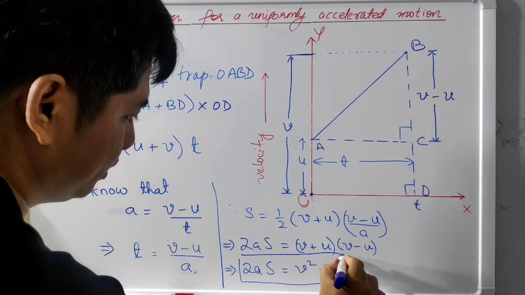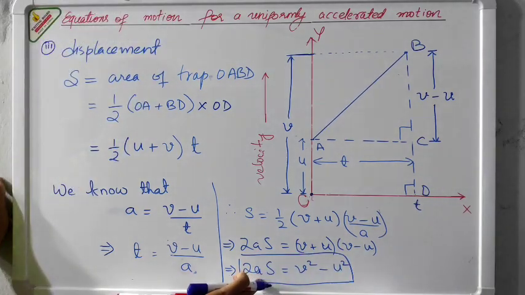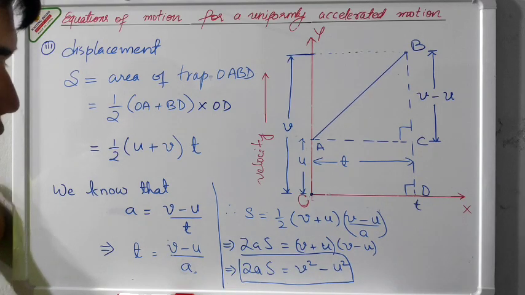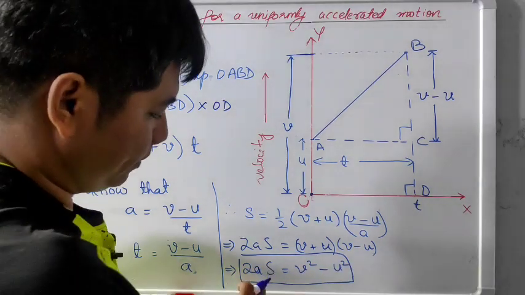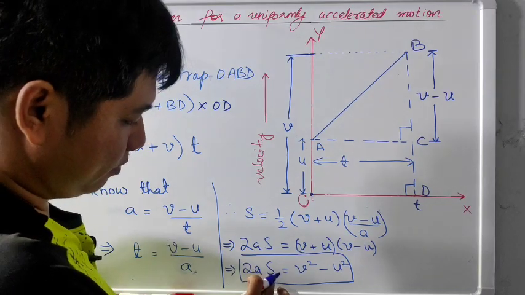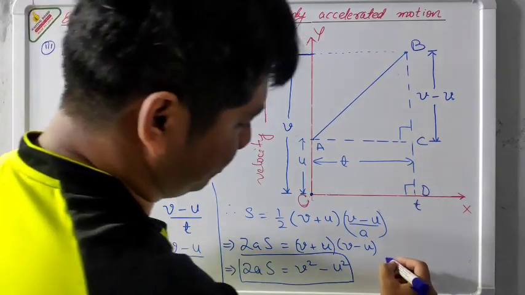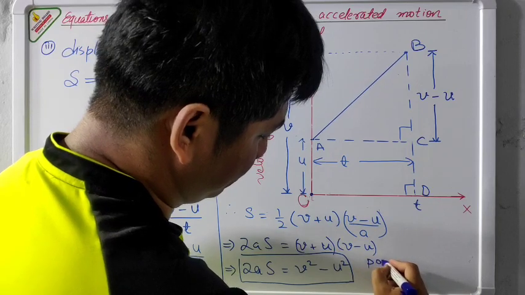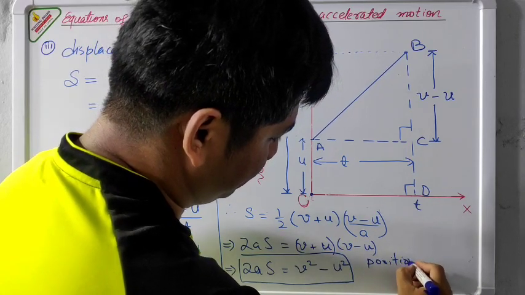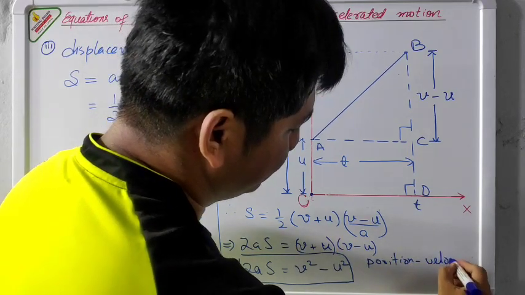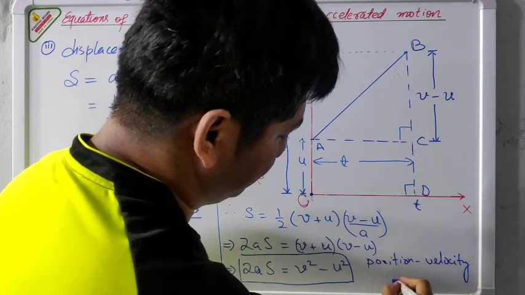So we get the third equation of motion, 2as equals v square minus u square. It is also called the position velocity relation.